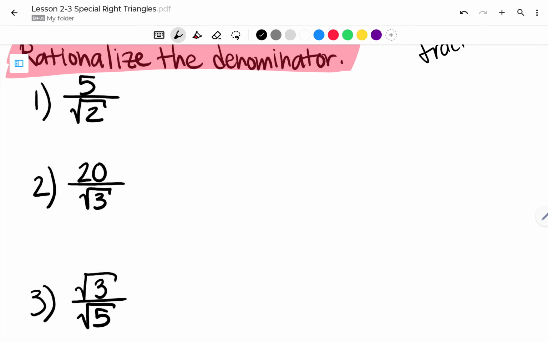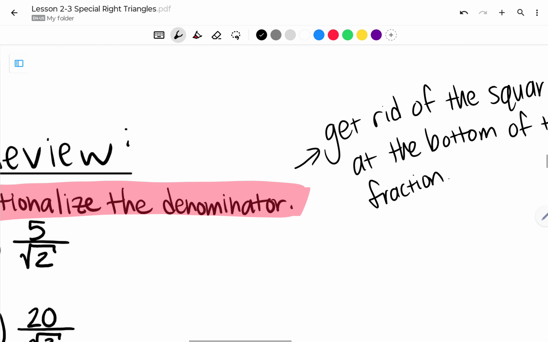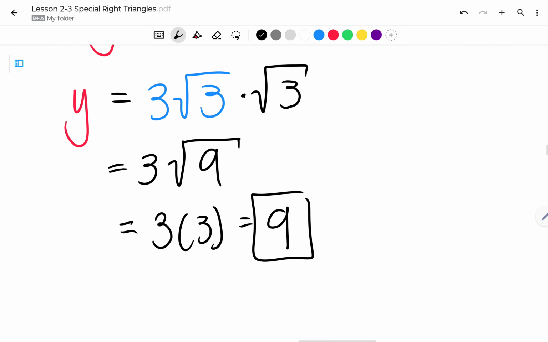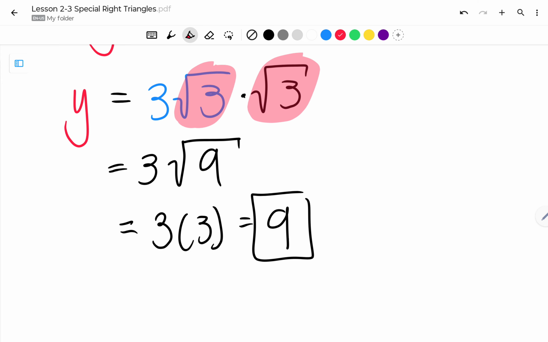And so how do we get rid of a square root at the bottom of the fraction? Maybe you've been following along here. If you look up here, when we did square root of 3 times square root of 3, I'm going to highlight this and this. It turned into square root of 9, and then it went back to 3.